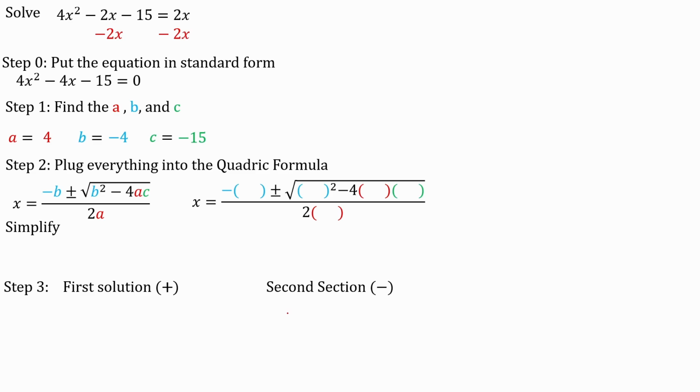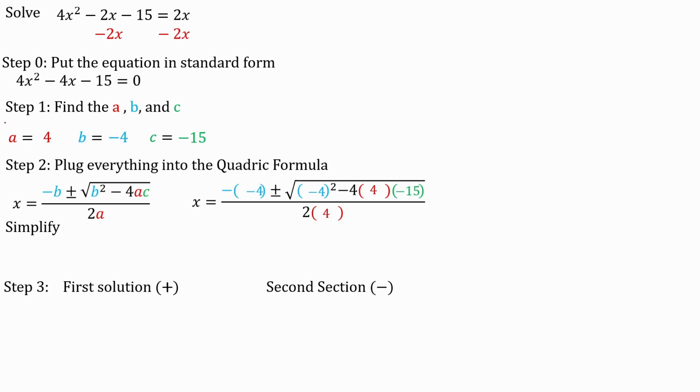x is equal to negative 4, because there's already a negative in front. When you make the substitution, it's still a negative 4, because b is negative 4. Plus and minus the square root of negative 4 squared minus 4 times 4 times negative 15, divided by 2 times 4.